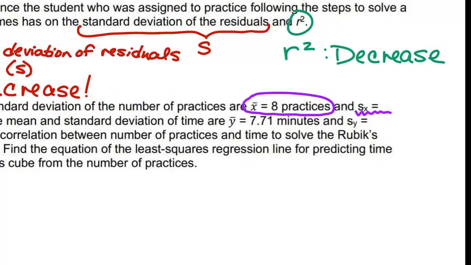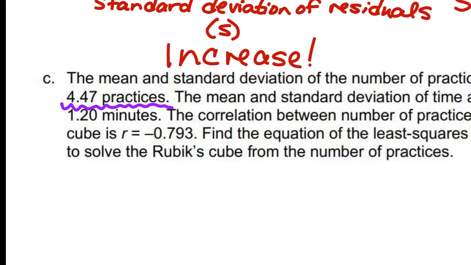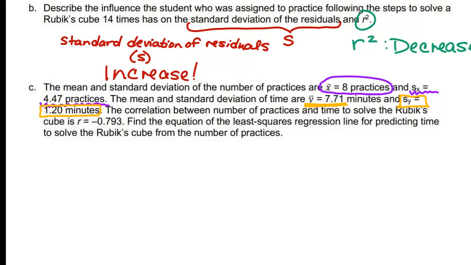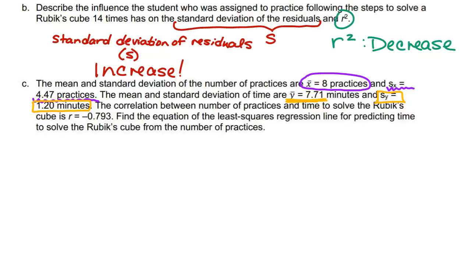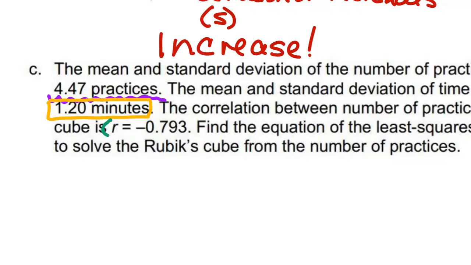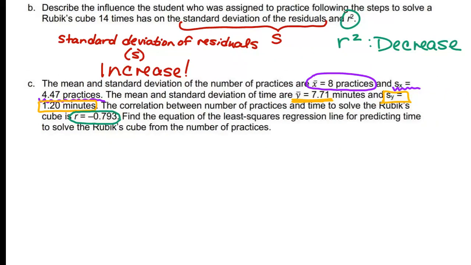The mean and standard deviation of time are y bar equals 7.71 minutes, and the standard deviation of y is 1.20 minutes. The correlation between the number of practices and the time to solve the Rubik's Cube is r equals negative 0.793. Find the equation of the least squares regression line for predicting time to solve the Rubik's Cube from the number of practices.